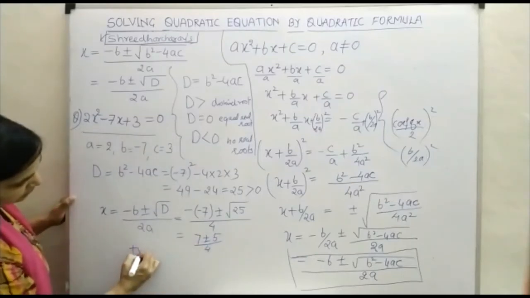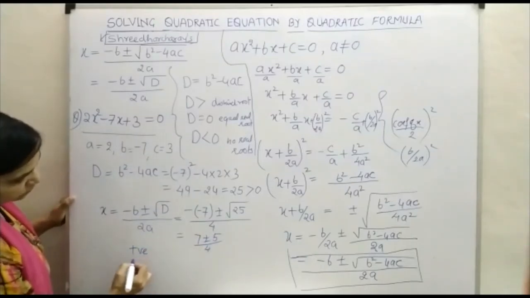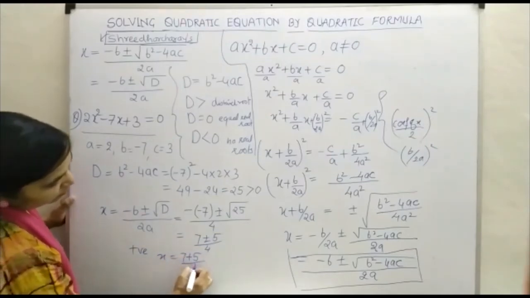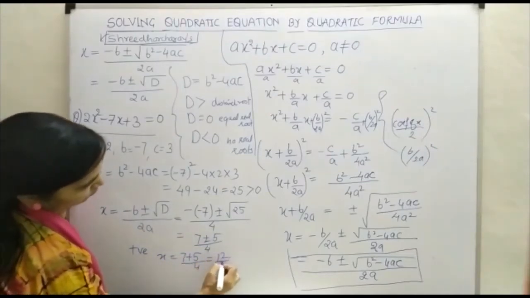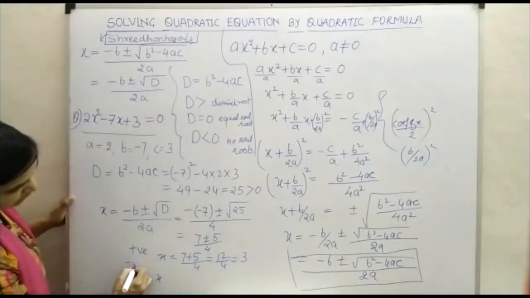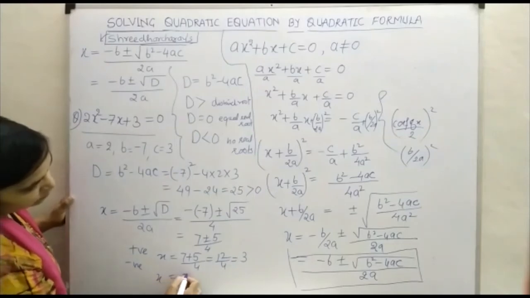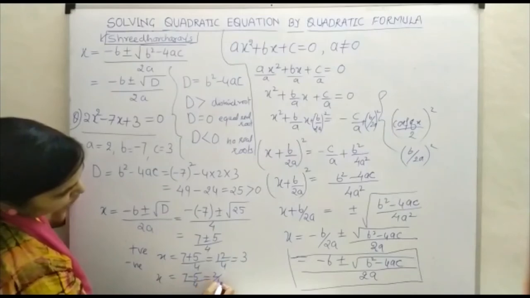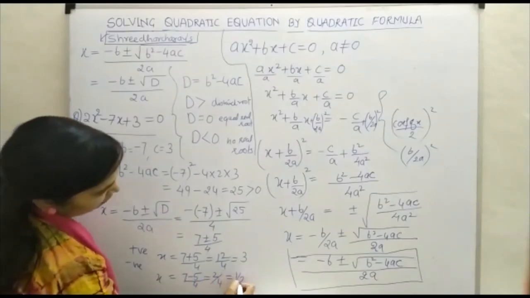One value you will be getting by taking positive sign. So by taking positive, x is equal to 7 plus 5 upon 4, that is 12 upon 4, and no doubt this is 3. The other value of x by taking negative sign is equal to 7 minus 5 upon 4, and that is 2 upon 4, and that is half.